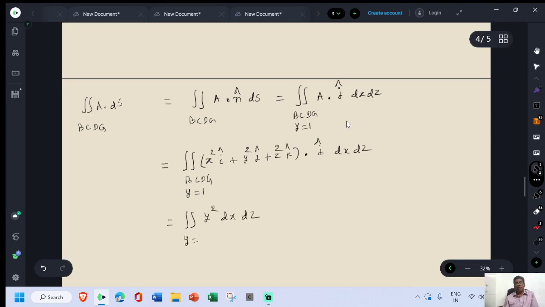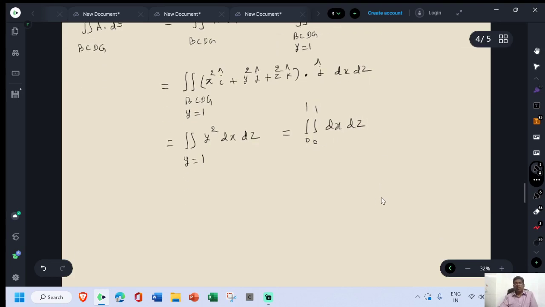Here the value of y equal to 1. Therefore this is modified as dx dz. This is 0 to 1, this is 0 to 1. X lower limit is 0, upper limit is 1. Z lower limit is 0, upper limit is 1. Therefore, the integral value is 1 because the integral of dx is x. If you apply the upper limit, we can get 1. Then you may get dz. Integral of dz is z. If you apply the upper limit, 1. So the total result is 1.